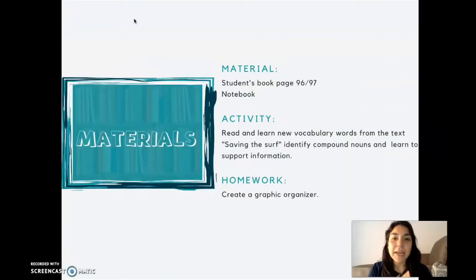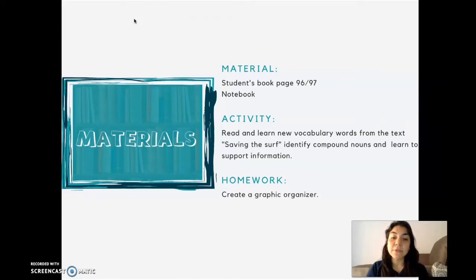Good? So today's material for the class is going to be Students Book page 96, 97, and you're also going to need your notebook for the very end, okay? Your notebook is going to be useful also for compound nouns, which is going to be one of the topics for today. So make sure that you have it with you because you're going to be taking notes.